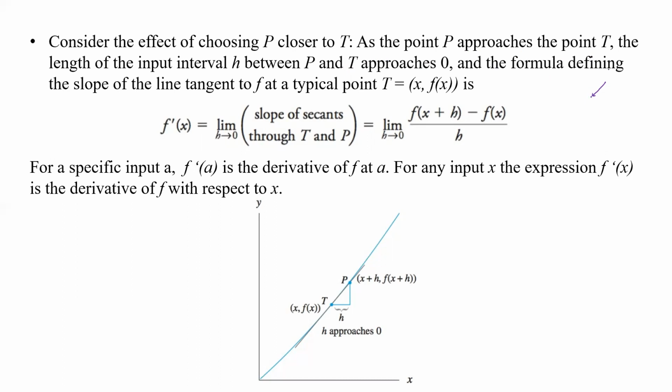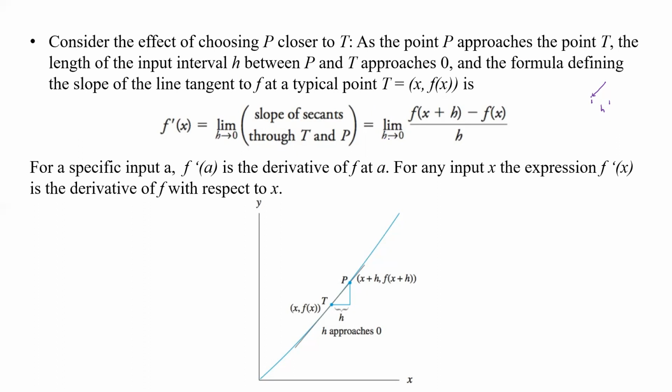Then we can define the limit as the slope of the line tangent to f at a typical point t. And so f prime of x is equal to the limit as h goes to 0, because we want that distance from this point to that point, that h distance, to go to 0. We want it shrunk down as far as possible.